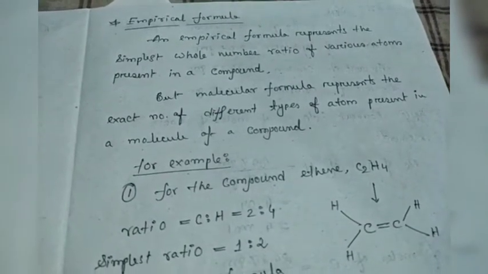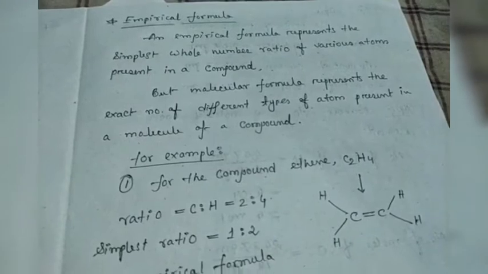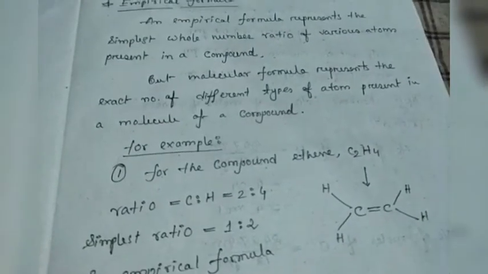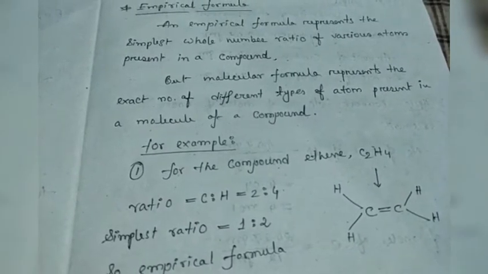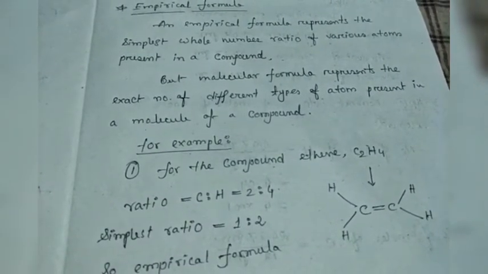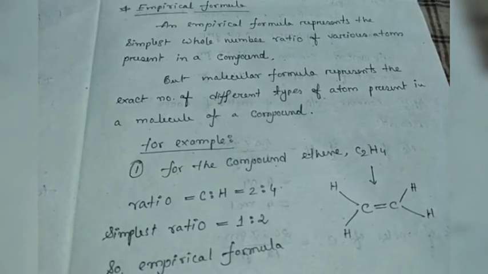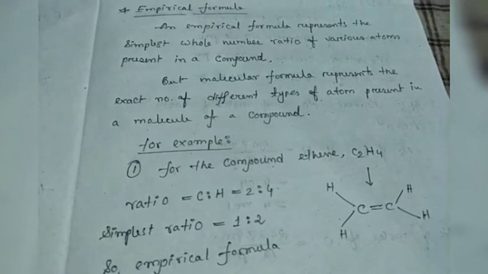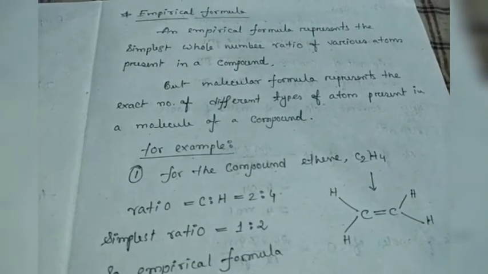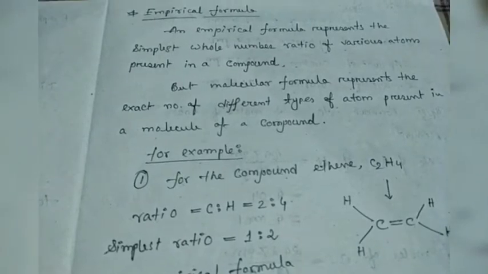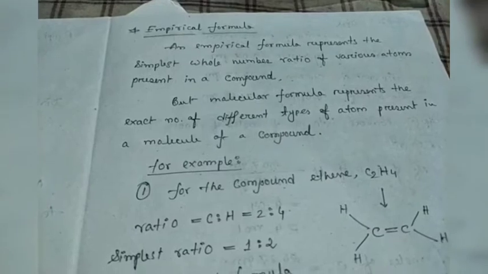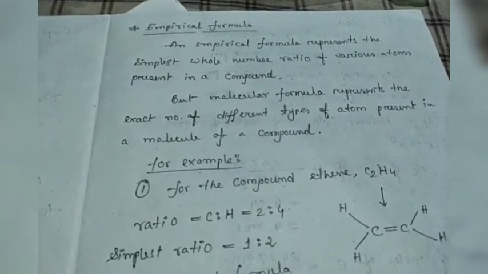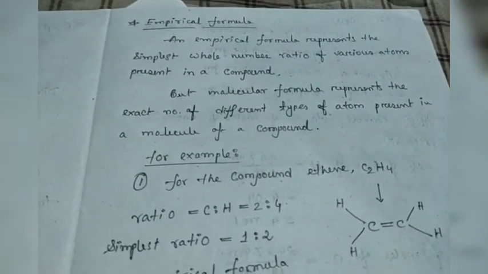Similarly, take the water molecule, for example. The molecular formula is H2O. There are two types of atoms, hydrogen and oxygen, and the ratio between hydrogen and oxygen is 2:1. That means two atoms of hydrogen and one atom of oxygen.